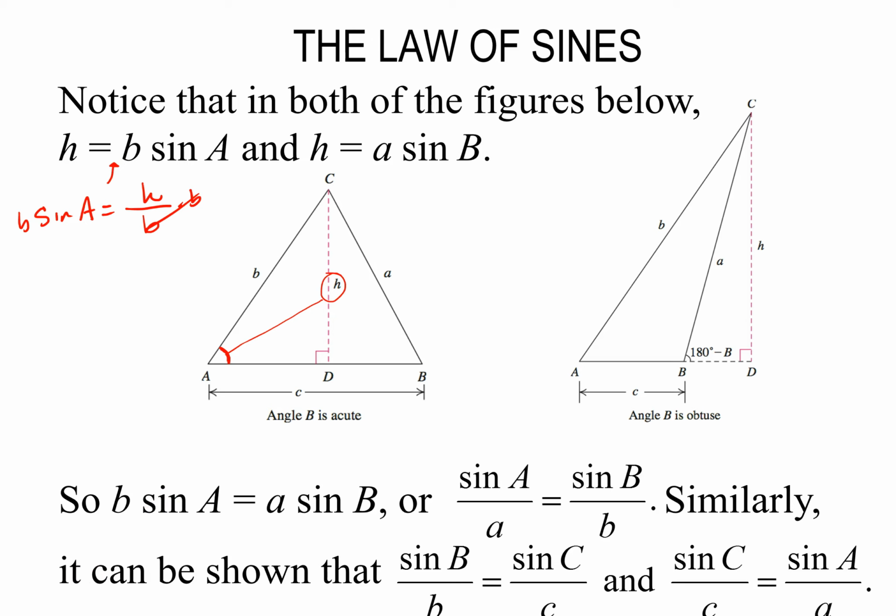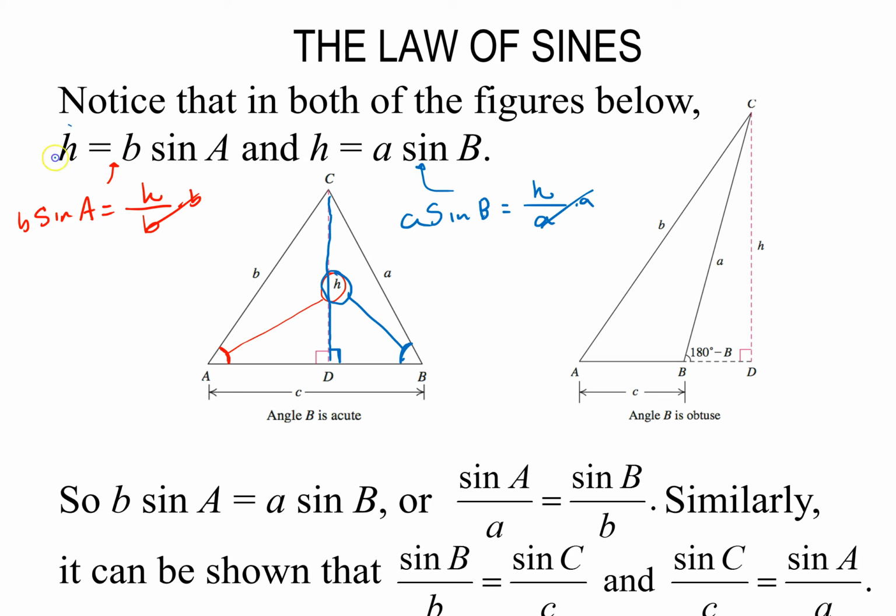Well, we can also do it another way. If I pick a different color, I can look at angle B. Sine of angle B is opposite over the hypotenuse. Opposite is the h, because again, h stands for height for us, not hypotenuse, over a. A was just the hypotenuse of this triangle right here. If we multiply both sides by a, then we get this derivation right there.